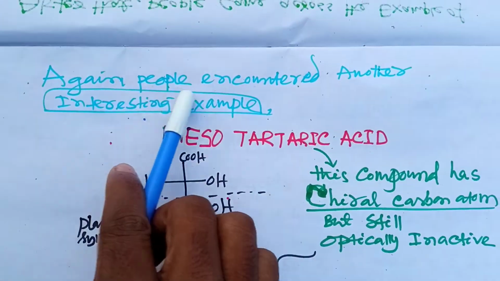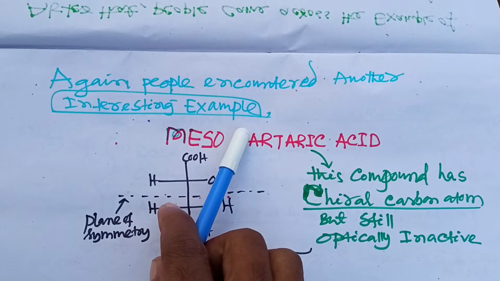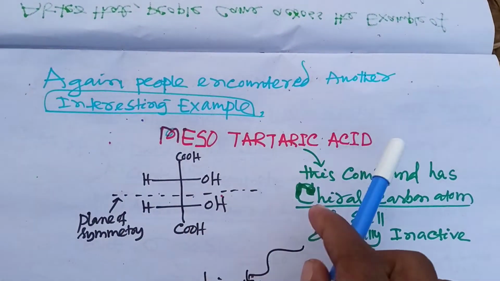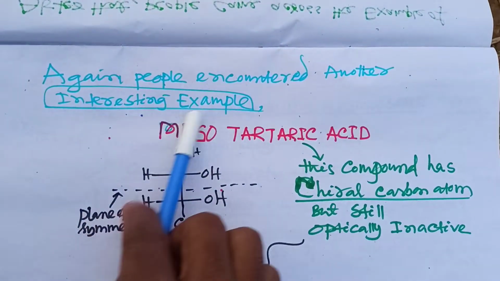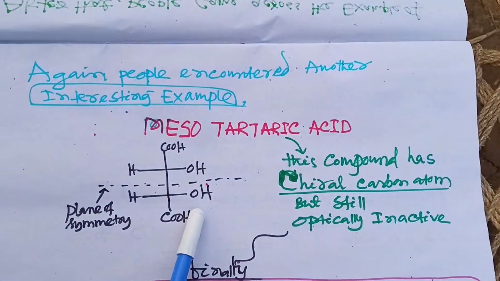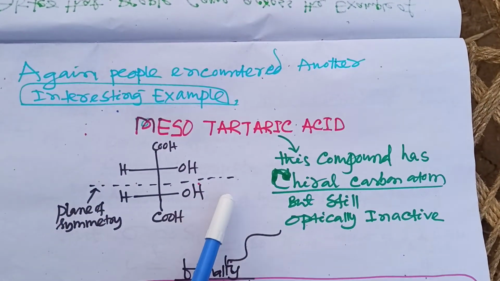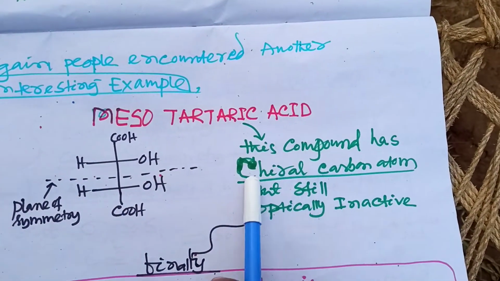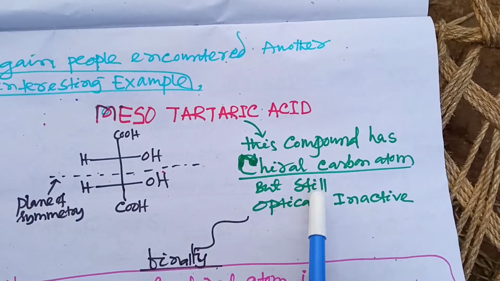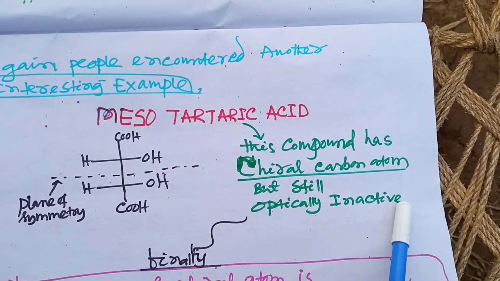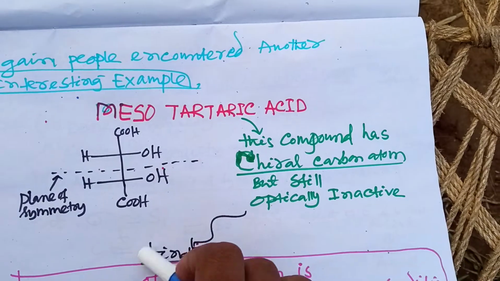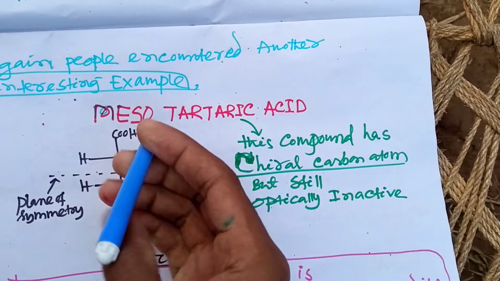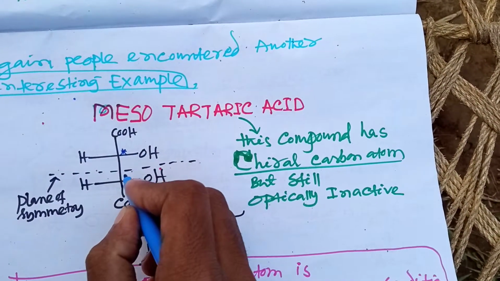Then again people encountered another interesting example. That was meso tartaric acid, whose structure is given here. What is the interesting thing in this compound? It has chiral carbon atoms, but still it is optically inactive. This is one chiral carbon atom, and this is another.